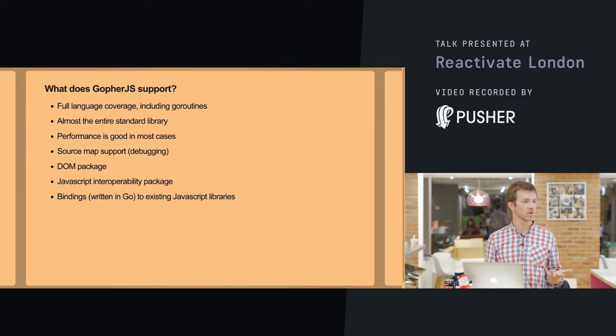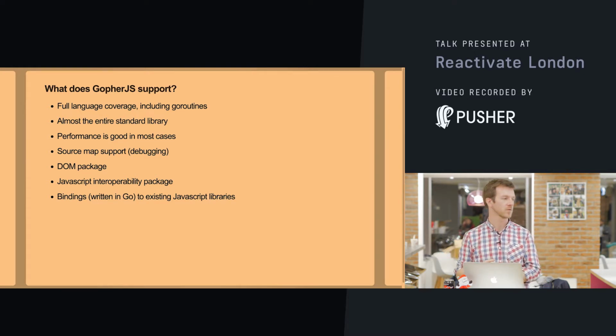So if you have an existing JavaScript library, i.e. React, the ability to interact with that. And that therefore gives rise to the final bullet point there, which is bindings. You can then write bindings packages that effectively wrap an existing JavaScript library and allow other people to then write pure Go against your bindings and have that compiled to JavaScript at the end of the day.